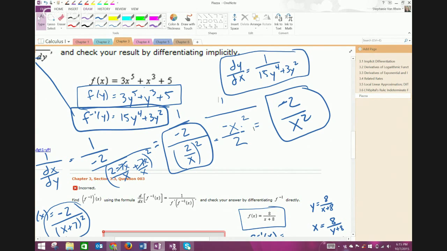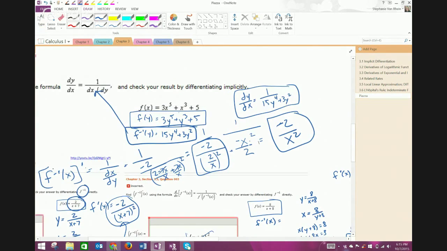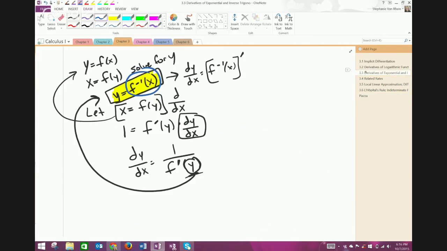So this is a little weird because I have y's in here. It's because it's impossible to find the inverse of this function. So I can find the derivative of the inverse by doing this little trick here. Really, it's switching the roles of x and y. So if I plugged in a point, I have to be very careful, and that's what they're doing here in the book.